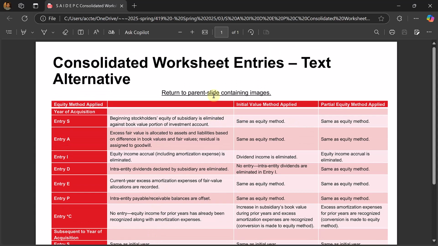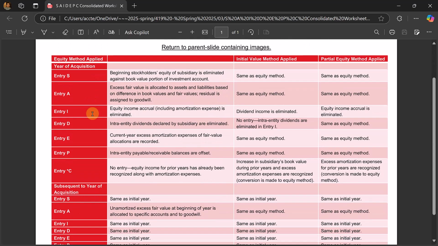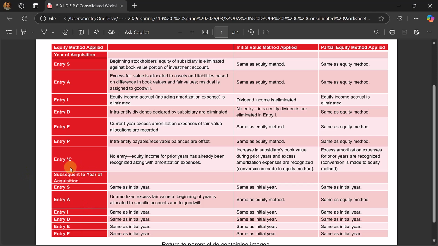And I believe this is the equity method column, and here are the other two methods we had mentioned before. Keeping in mind right now, the example we're going through is preparing the consolidated financial statement at the end of the year of acquisition. Now, there's going to be slightly different rules if you're dealing with after that first year, after the year of acquisition. Again, notice the same adjustment letters over here.